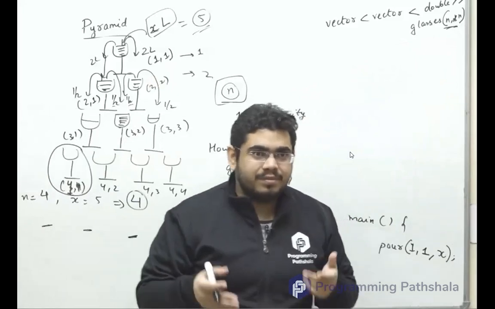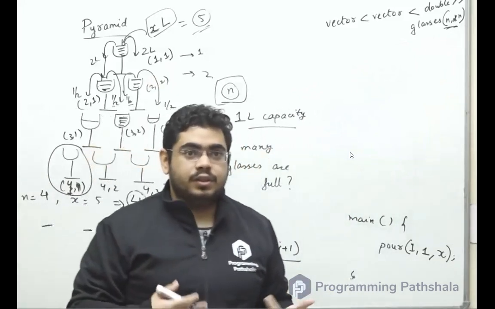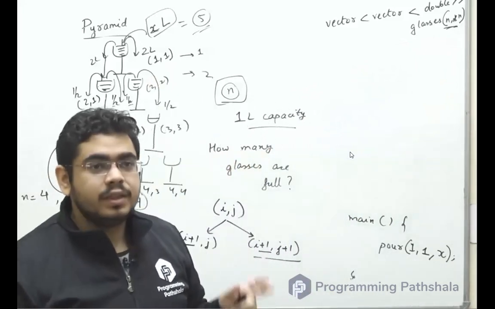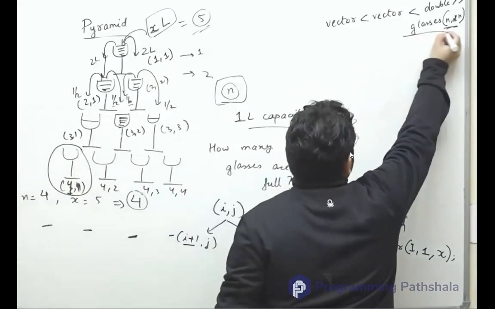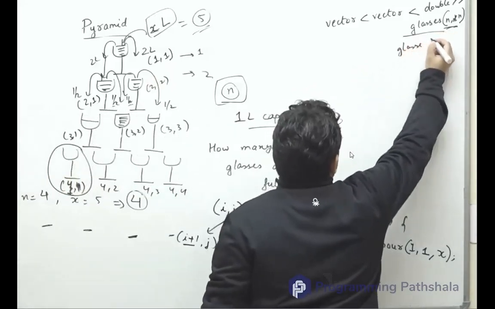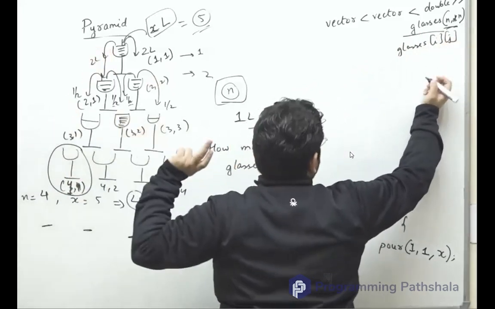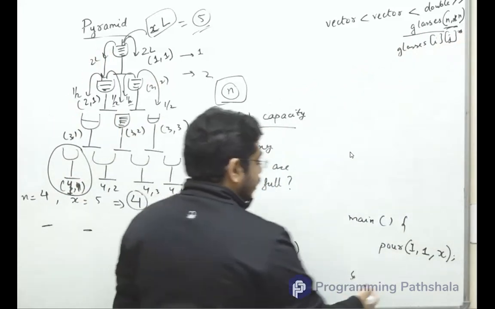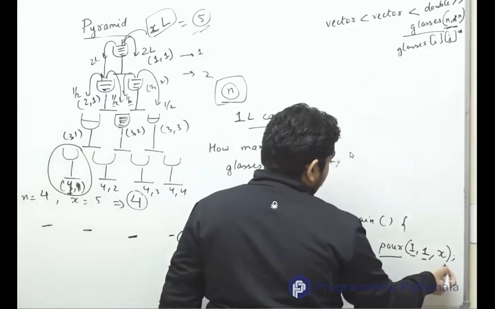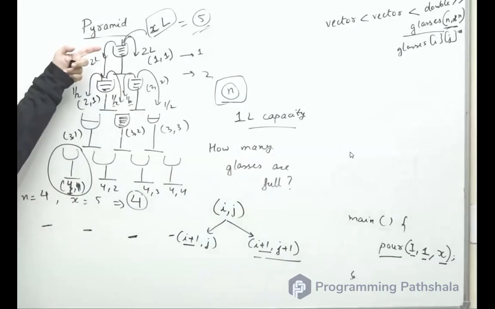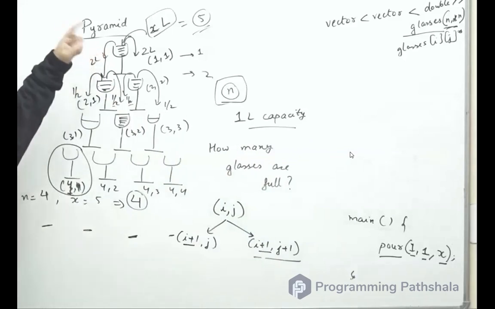So if you're using array list, use array list. If you're using normal list of Python, use that. But any which way, my basic idea is glasses of ij should tell me the ith row's jth glass, right? That is the idea here. So pour into first glass x liters.